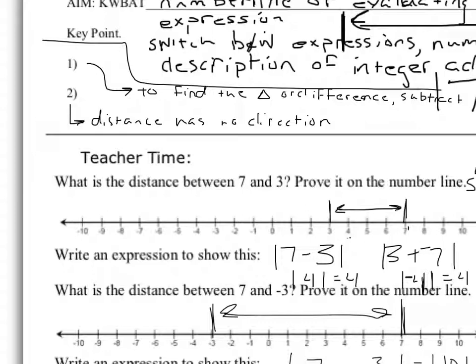So in order to get rid of a direction, mathematically, what do we use? In order to get rid of direction, what do we use? Mason? Yep. So we use absolute value.